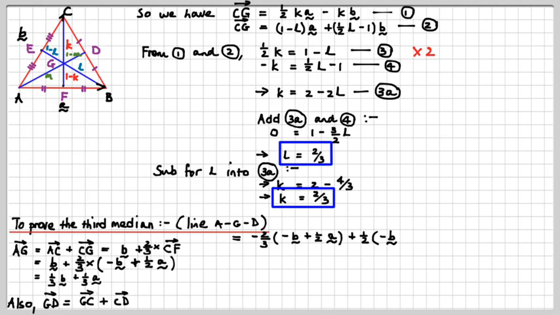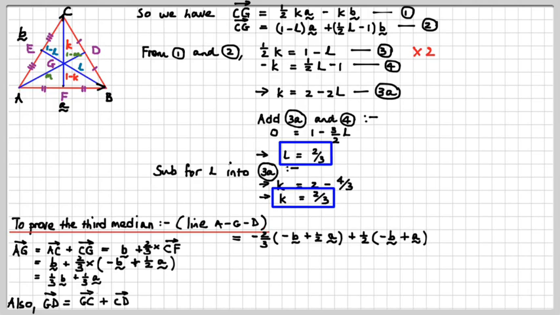Now you notice I've got the minus 2/3 there because I'm going in the opposite direction to C to F, right? So I'm going from G to C, against the grain of what I previously defined C to F was. So it's minus 2/3 of that C to F vector, plus C to D, which I worked out.